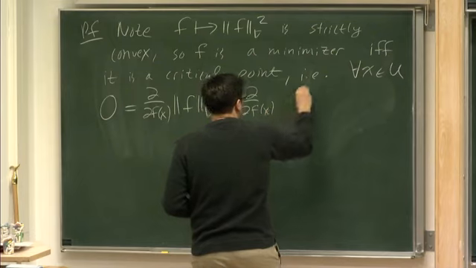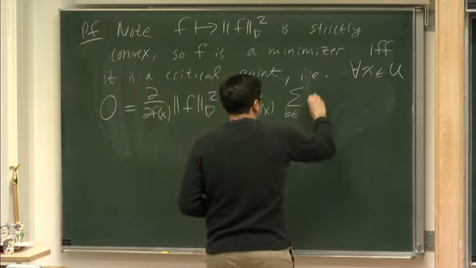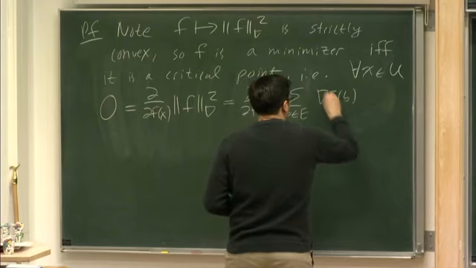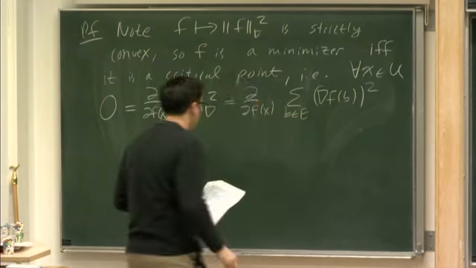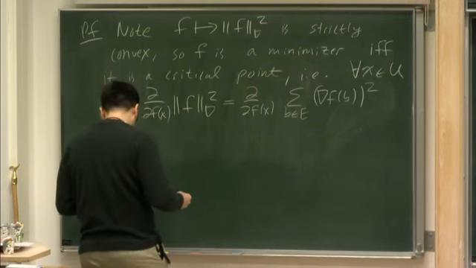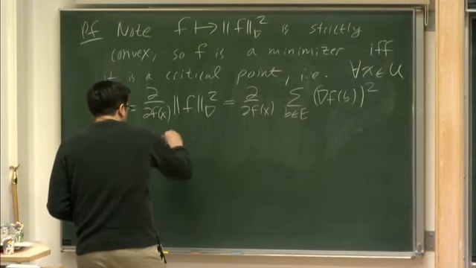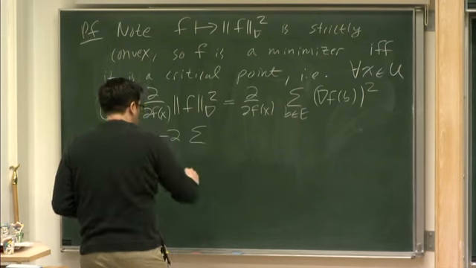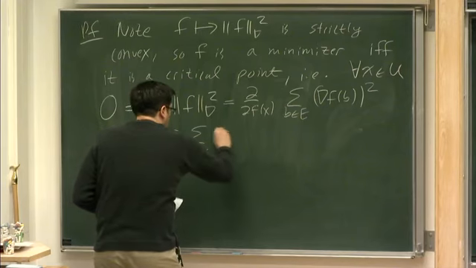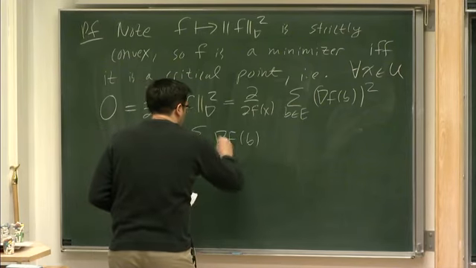Let me just write out the formula for the norm again. We just take the sum of the squares of the gradients. If you calculate the derivative, you get minus 2 times the sum over all of the edges which contain x of the gradient of f.